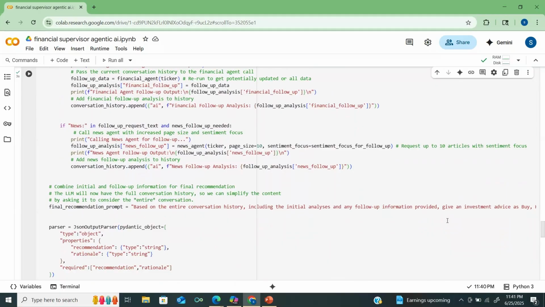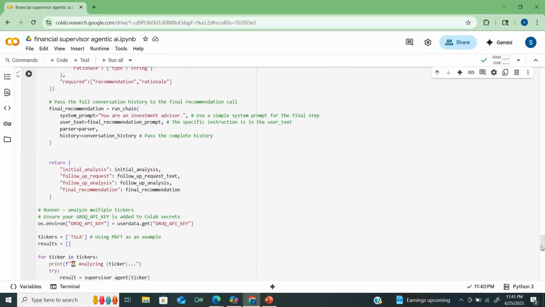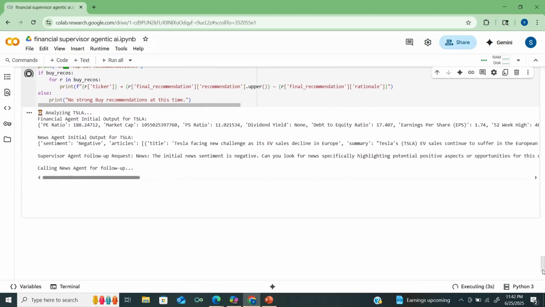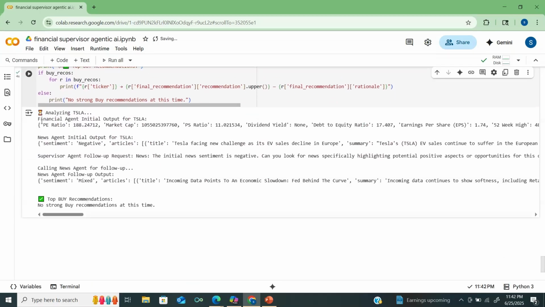So here I'm asking for Tesla stock. Let me execute the code and see. As you can see, first the supervisor agent has made a request to the financial agent and the news agent.